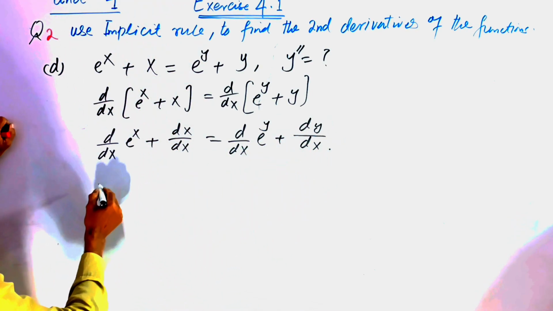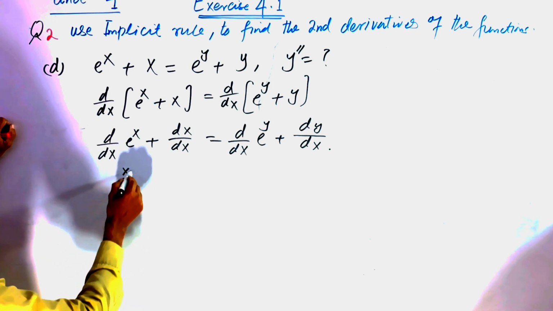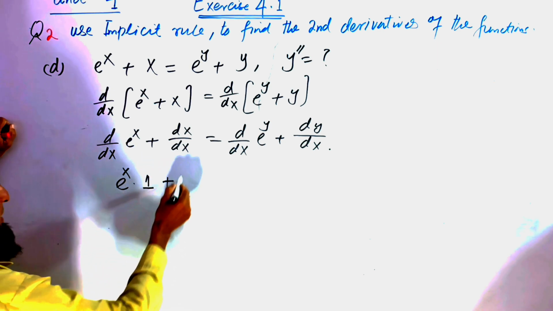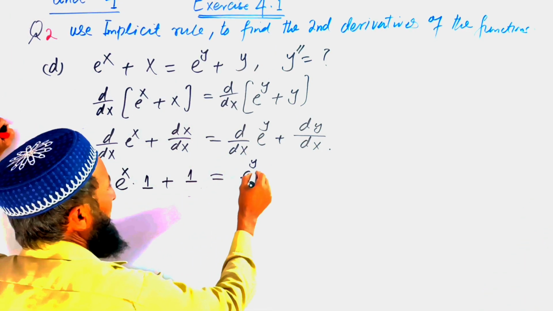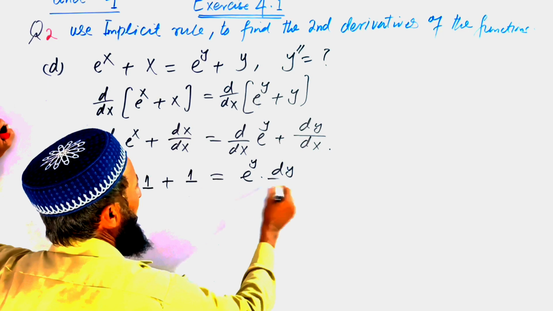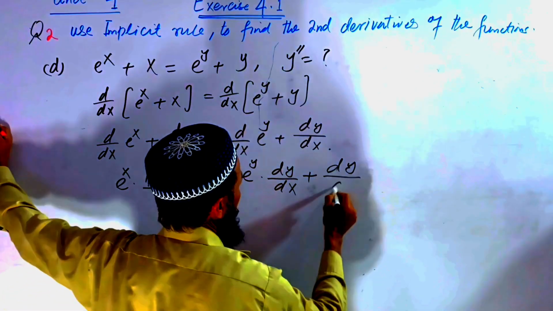The derivative of e power x is e power x, and the derivative of x is 1, equal to e power y times dy by dx, plus dy by dx.